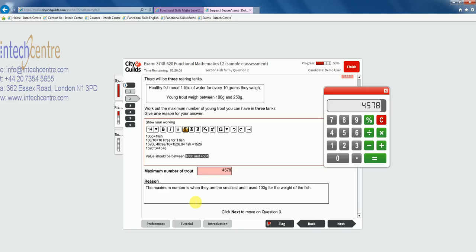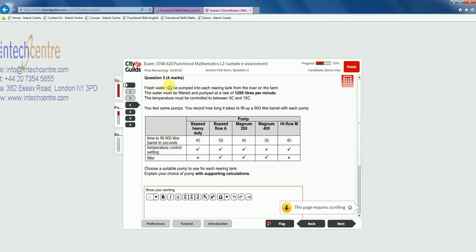So that's my reason for this answer. So again, if you get an answer between 1,800 and 4,581, then your answer is still correct. Make sure you give a reason for the weight of the fish that you used. So now I'm just going to move on.